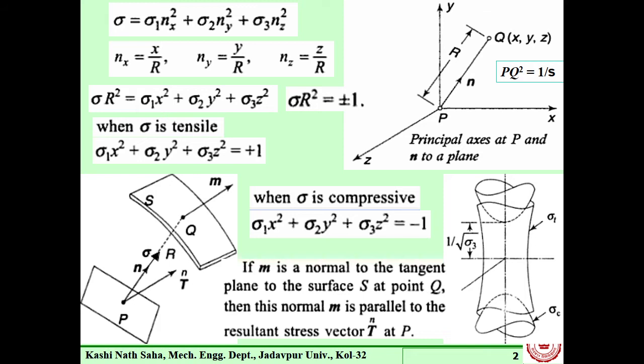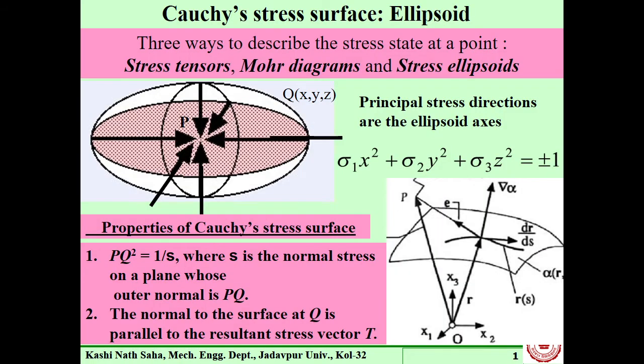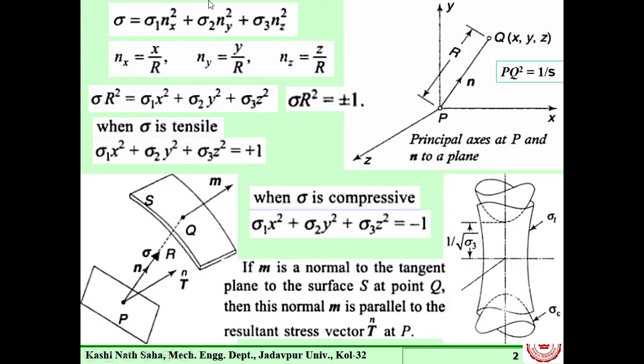And this is also sigma 1 nx square plus sigma 2 ny square plus sigma 3 nz square. This we know from our earlier discussion on stress tensors, and from that itself we have constructed Mohr's circles, right? So this is a known equation to us.